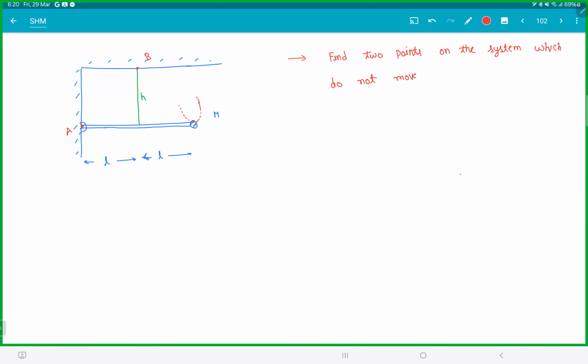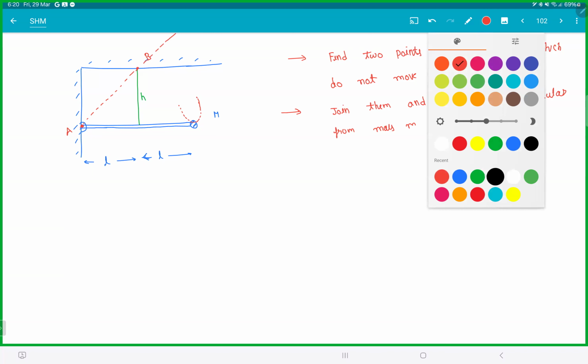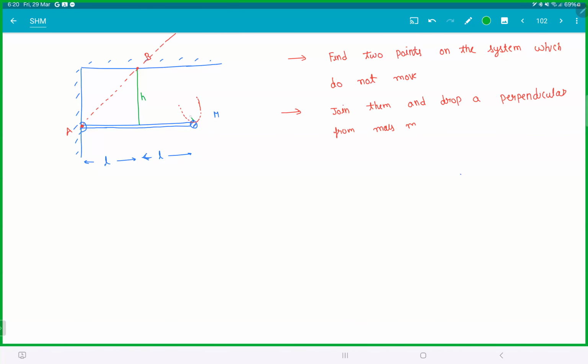Second, join them and drop a perpendicular from the mass. Let's call this point D.